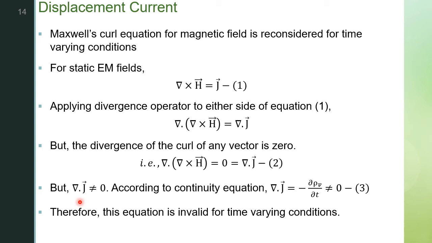That is, we get del dot J as 0 in one case and non-zero in the other case. So we need to develop an equation to remove this contradiction in the expression for del dot J. This led to the development of the term displacement current.